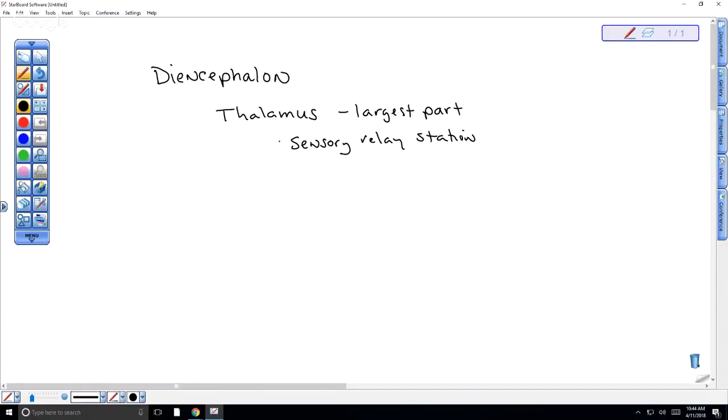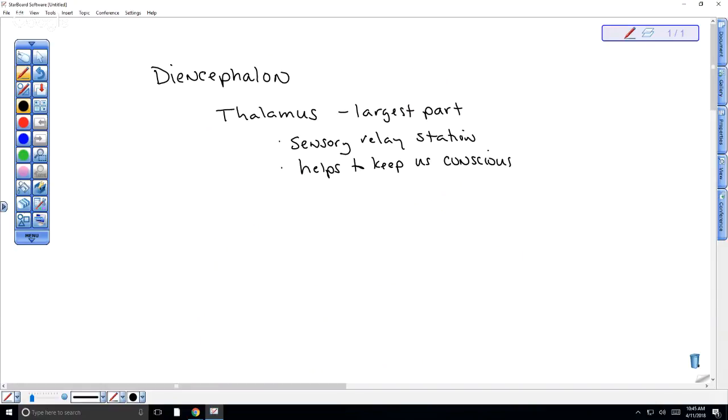As such, it is really important in weeding out some of the information, so we don't get overstimulated, which is a problem for some people with autism, who are over sensory stimulated. This also helps to keep us conscious and our brain essentially alive. So it sends action potentials to the cerebral cortex to keep up electrical activity in the cerebral cortex.